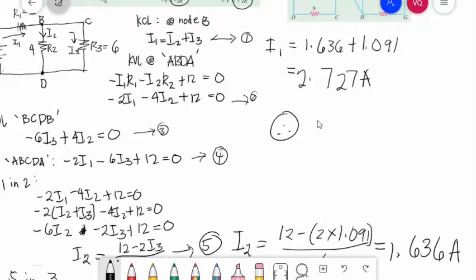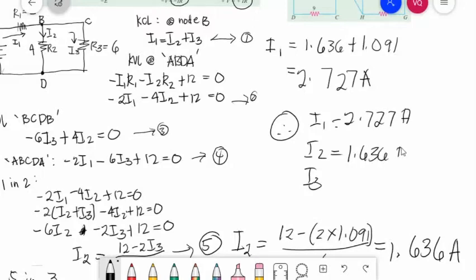Therefore, our final answers are 2.727 amperes, 1.636 amperes, and 1.091 amperes. They are all positive, so the directions of current we assumed are correct.